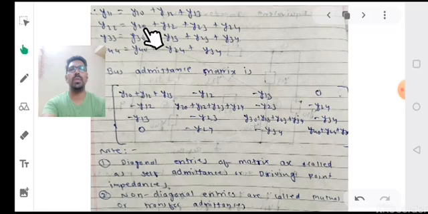Y22 is the sum of the admittances related with node 2, that is Y20, Y21, Y23 plus Y24. Similarly Y33 and Y44. Therefore in the bus admittance matrix we replace Y11 with Y10 plus Y12 plus Y13. Y14 is absent, so that's why we have written 0 here. This is called the bus admittance matrix.